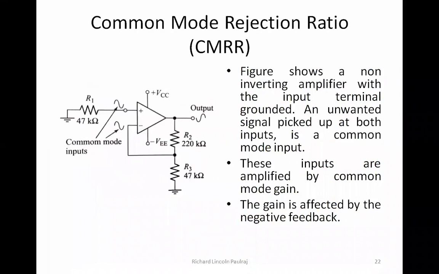But even though we have this common mode setup done, we can find that there can still be some amount of slight noise, which can be present in the wires, and because of which there can be an output.